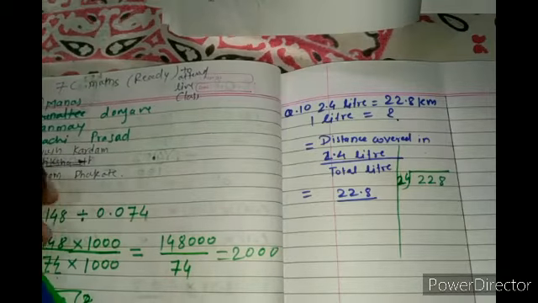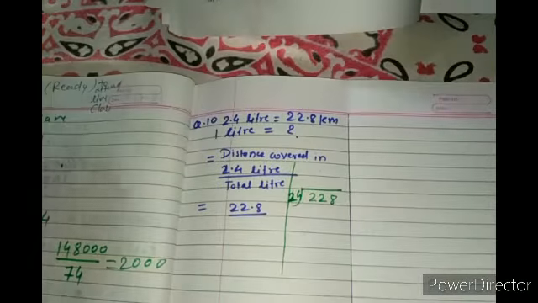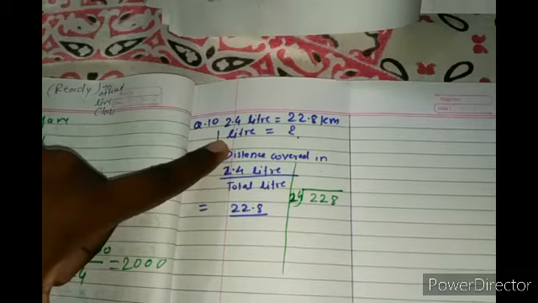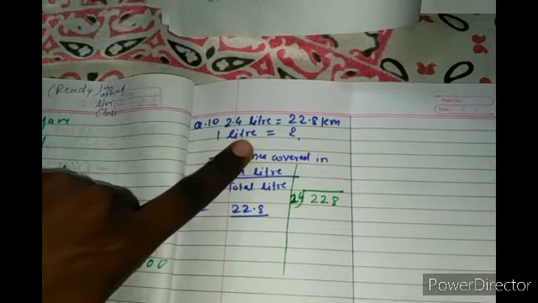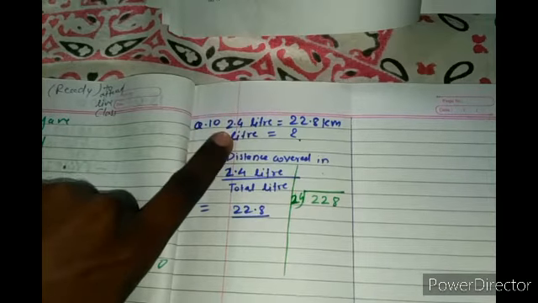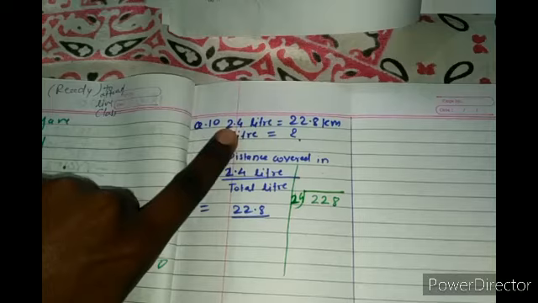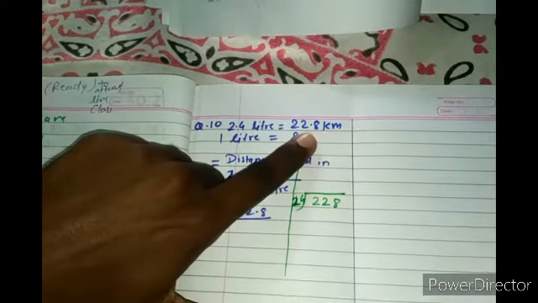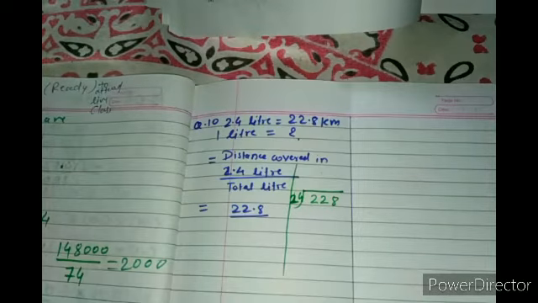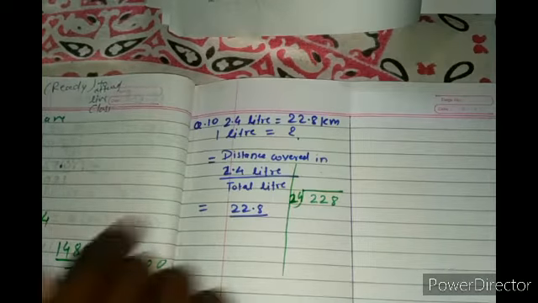In question number 10 we have to solve the problem based on distance and number of liters, that is, how much distance is covered in a number of liters. In 2.4 liters the car covered 22.8 kilometer. They are asking how many kilometers it covers in 1 liter.